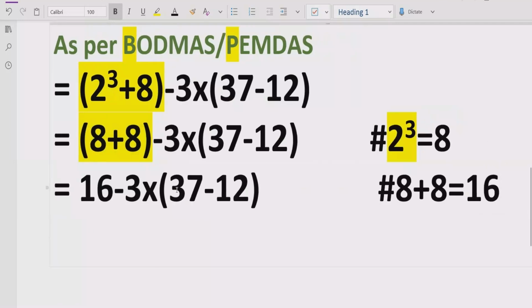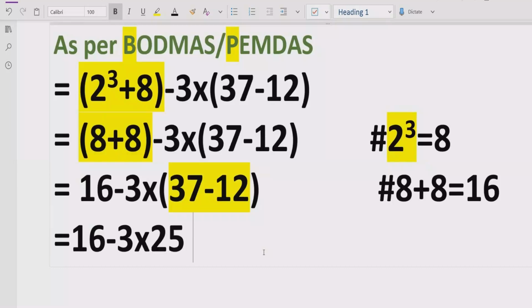Now we have to solve this bracket, bracket number 2. So in 37 minus 12, basically we will subtract both of them and get the answer 25. And here we will give the reference: 37 minus 12 equals 25.